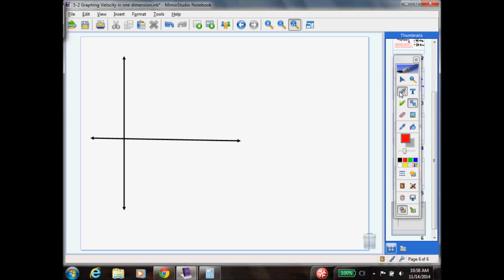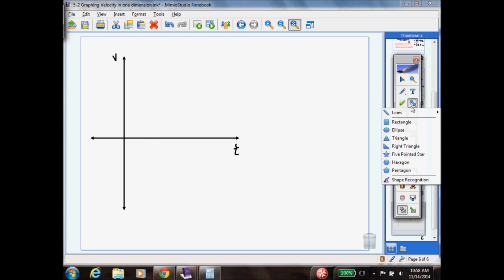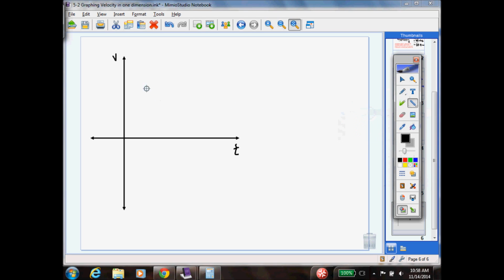So this one we're going to have still time here. It's still going to be a VT graph. Now this one we have to talk through, and you have to really think this one through.